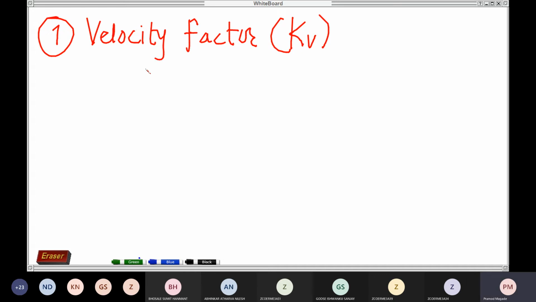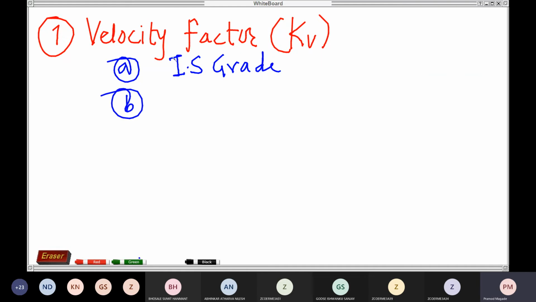which can be get by three parameters. So first write down, first is as per the international standard grade, IS grade म्हणतात त्याला.